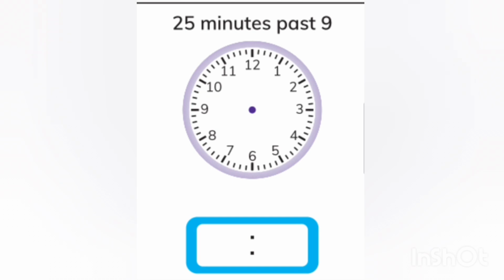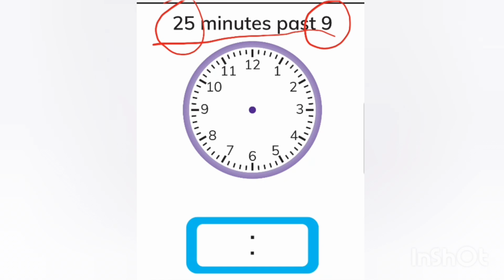Okay. Now what is the question? 25 minutes past 9. Now after a lot of practice, you are able to write easily. This is hours, this is minutes. In digital, this area is hour and this area is minutes. So you can write easily how many hours.